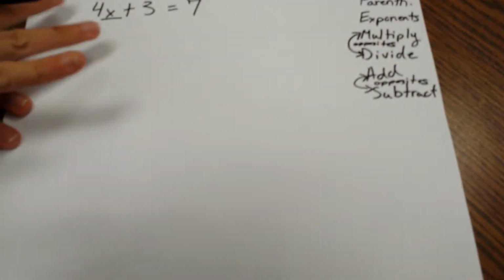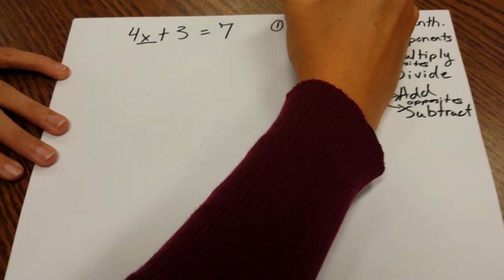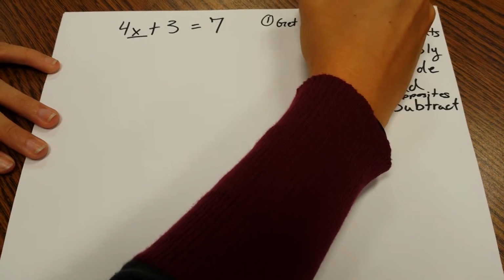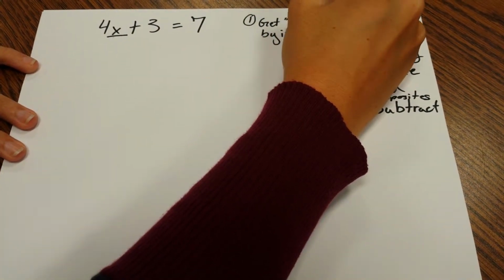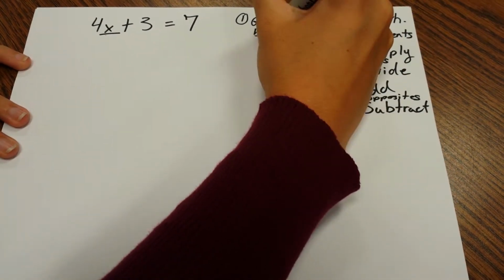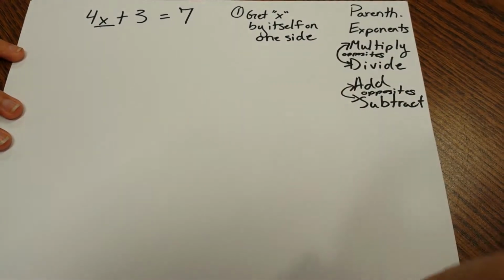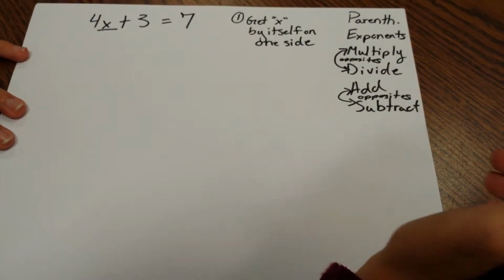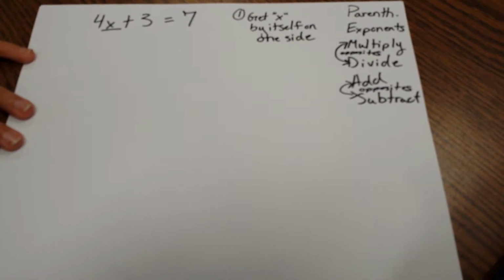So our goal to find out what x is, we want to get x by itself on one side. Now to do that, we use the opposite operations to get rid of x.